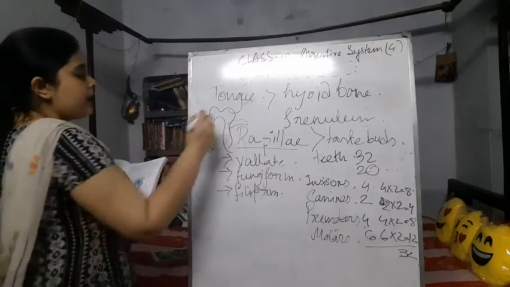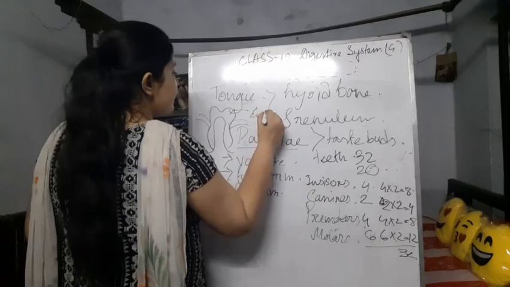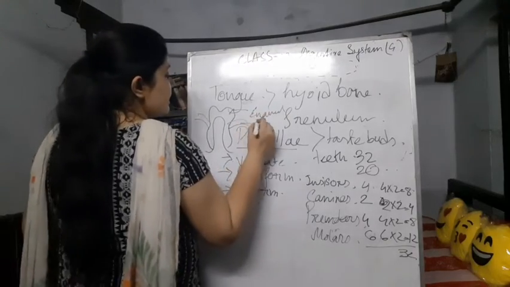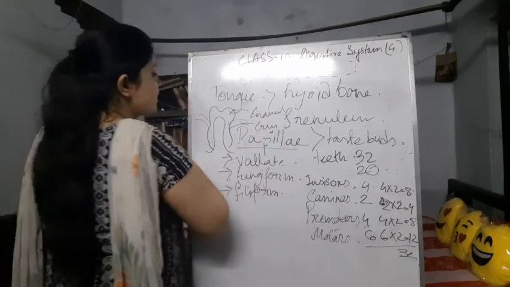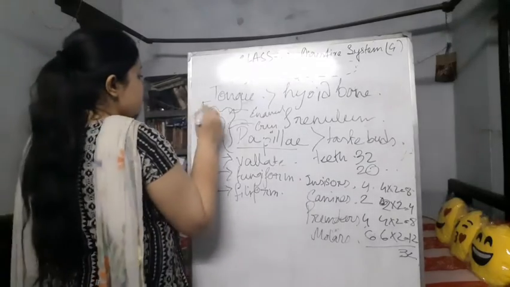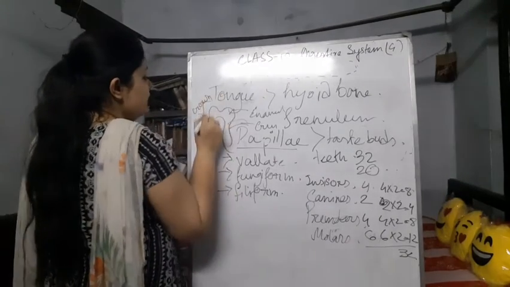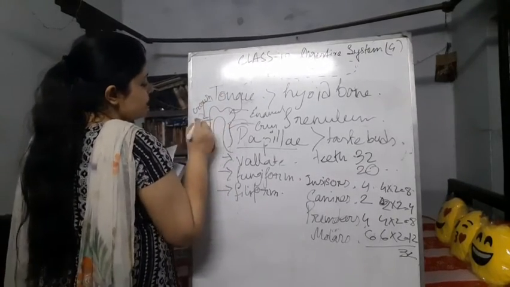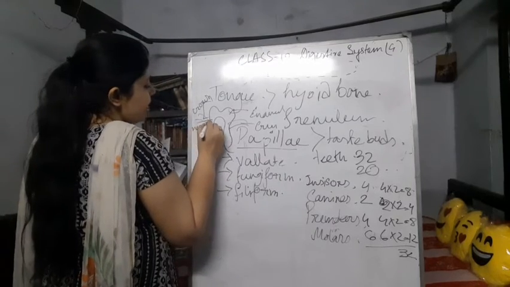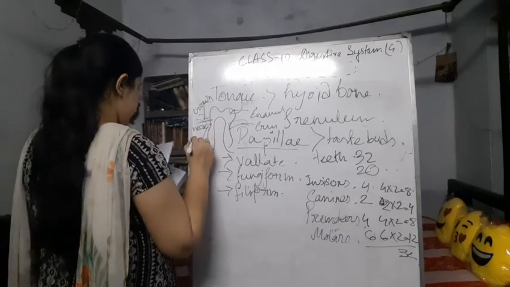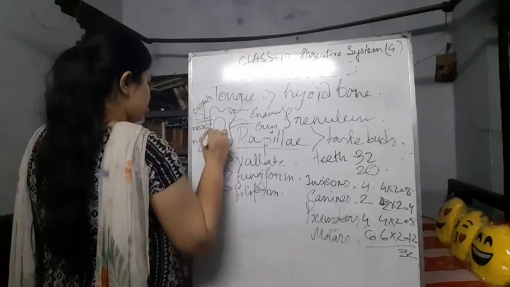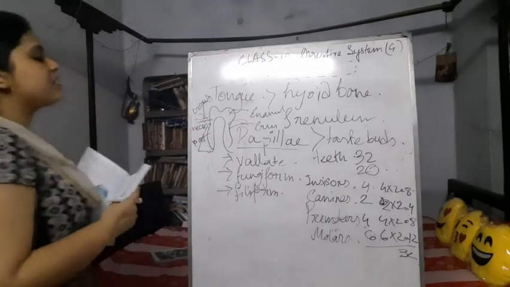The upper part is known as the enamel. It is the gum, and the upper part is called the crown. The joining part is called the neck, and the lower part is called the root.